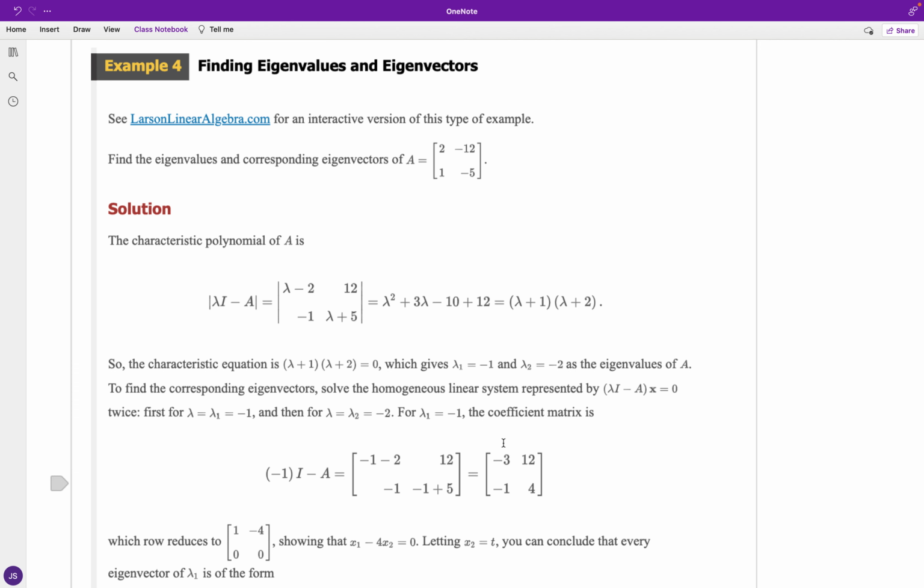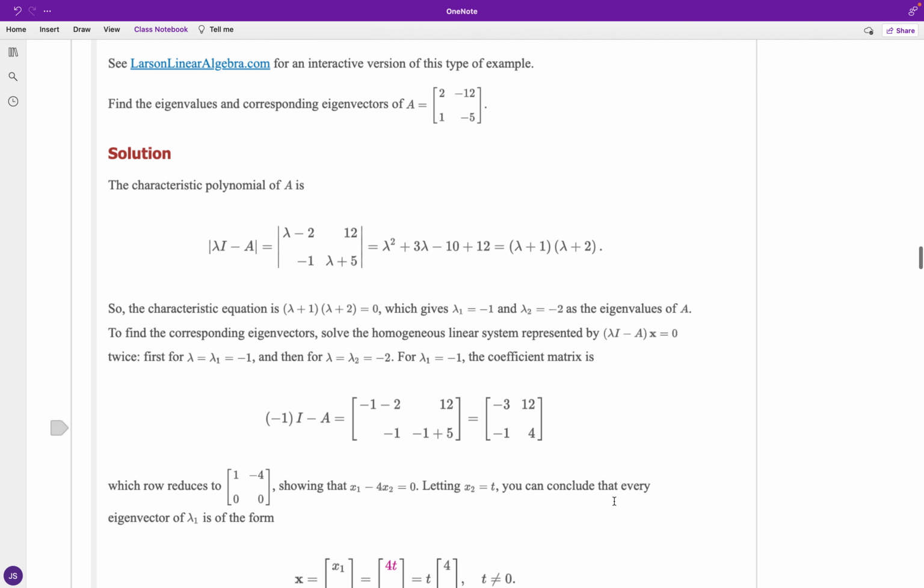For lambda equal to negative 1, the coefficient matrix is negative 1 minus 2, which is negative 3, 12, and then negative 1, and negative 1 plus 5, which is 4. This reduces to 1, negative 4, 0, and 0, showing that x sub 1 minus 4 x sub 2 is equal to 0.